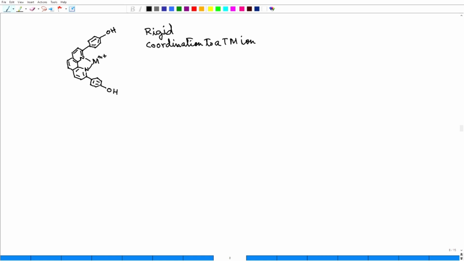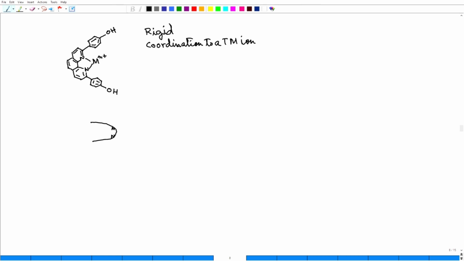If it wants 4 coordination, then what will happen? 4 coordination means I will require another. So, I write like this, another one, nitrogen, nitrogen. Okay. So, therefore, these are very crucial and each point is absolutely important.